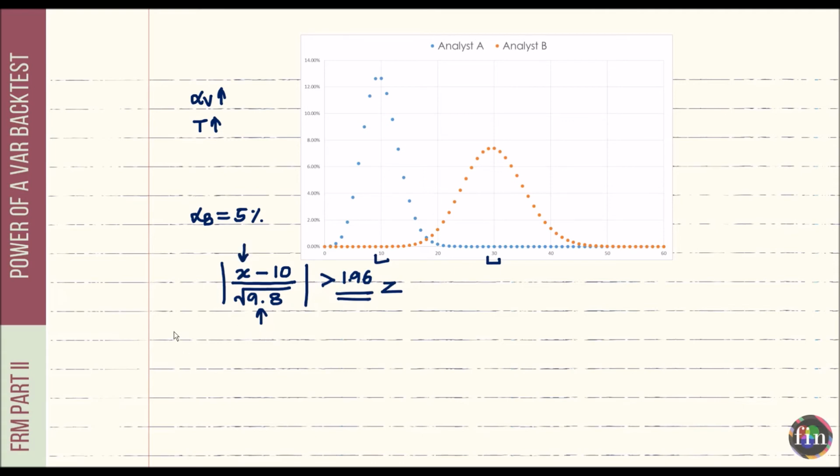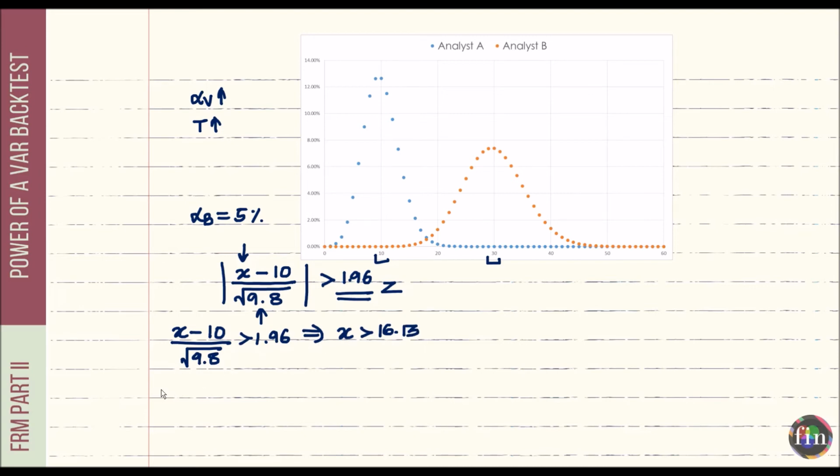So open this up, what do you get? I would end up rejecting my null if (X minus 10) upon square root of 9.8 is greater than 1.96, which solves to X being greater than something like 16.13.